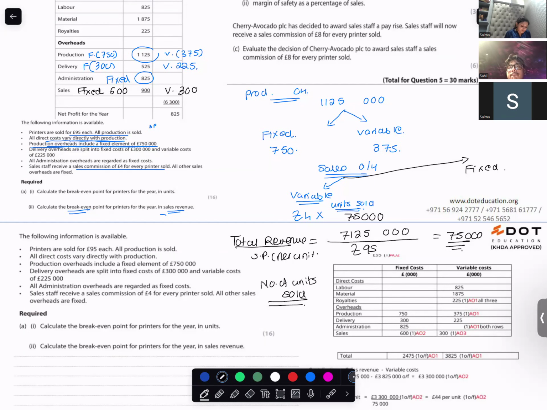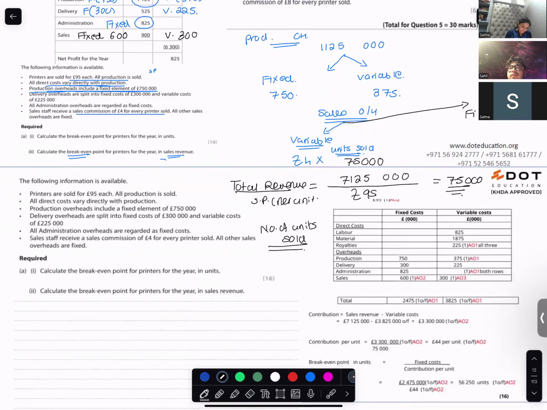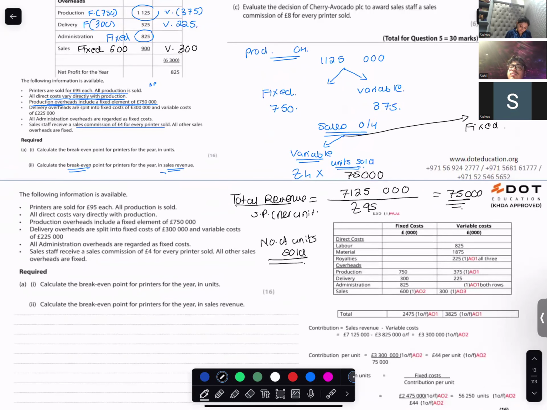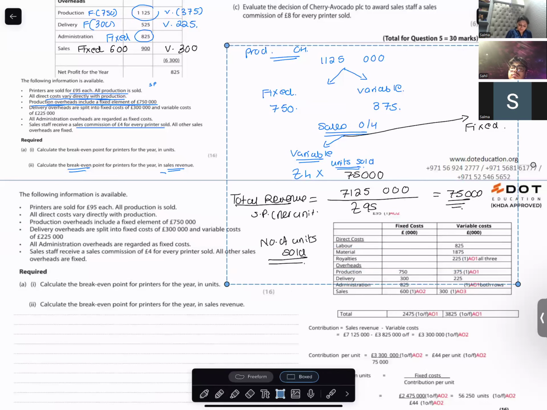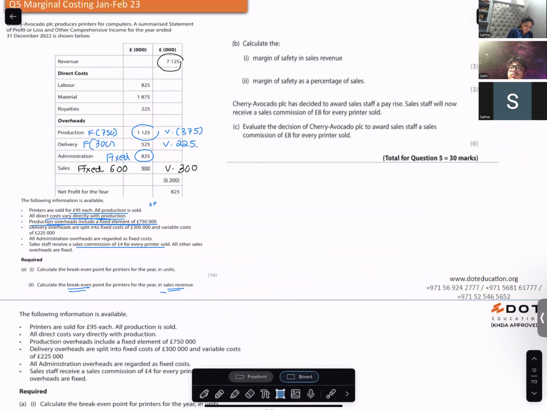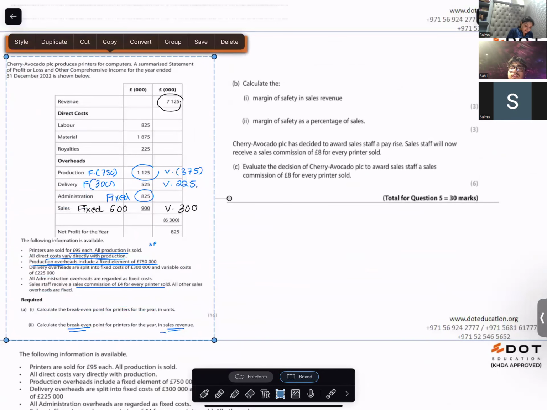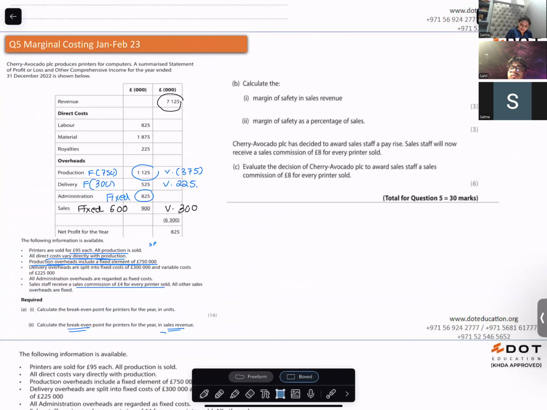Why am I doing this bifurcation of fixed and variable? To define the contribution, because I want to find the break-even point in units.